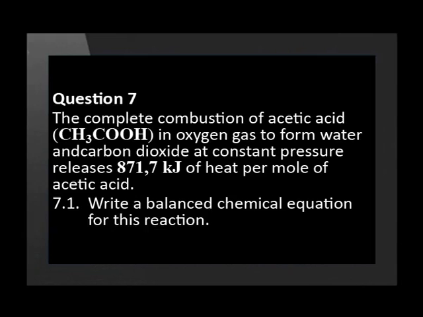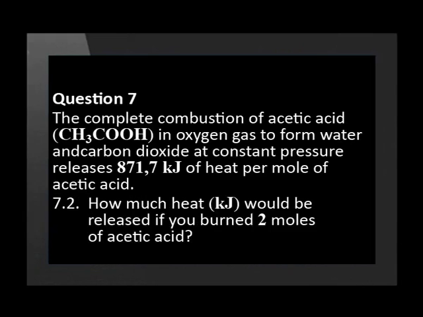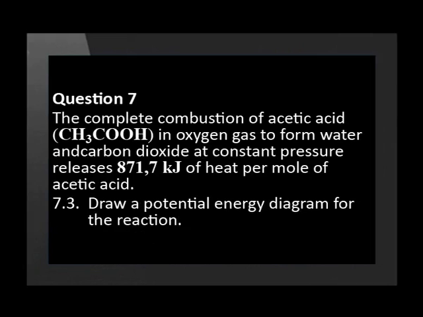Write a balanced chemical equation for this reaction. How much heat in kilojoules would be released if you burned 2 moles of acetic acid? Draw a potential energy diagram for the reaction.